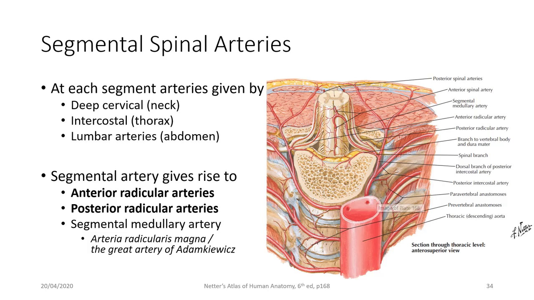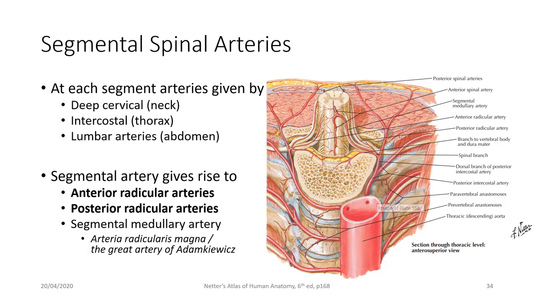These are posterior radicular arteries. I have highlighted them because they are present in each segment of the spinal cord. They are invariably present in each segment, and they are present on each side. You can see they are here and here, and they are here and here also.